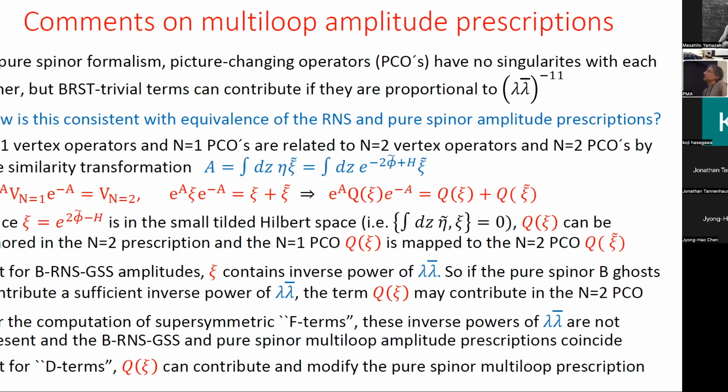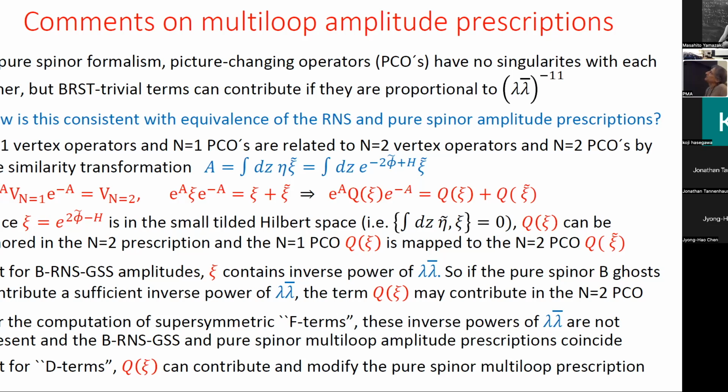It turns out that when you relate the N equals 1 picture changing operators to the N equals 2 picture changing operators, and also when you relate the N equals 1 vertex operator to the N equals 2 one, you have to do a similarity transformation which has this form. It's built out of eta, from the untwisted beta gamma ghost, and xi tilde from the twisted gamma tilde. Now, one thing you can see is this capital A is in the small Hilbert space of the untilde theory.